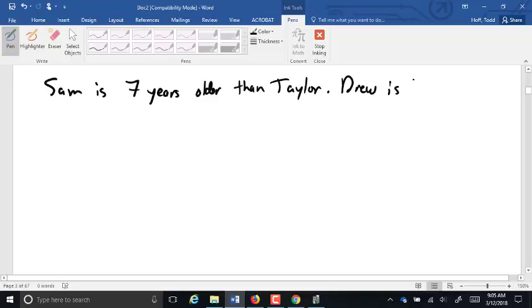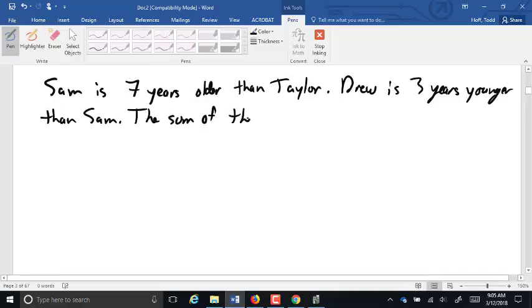Drew is 3 years younger than Sam. The sum of their ages is 44. Find their ages.